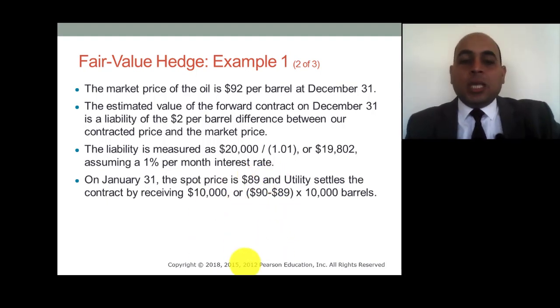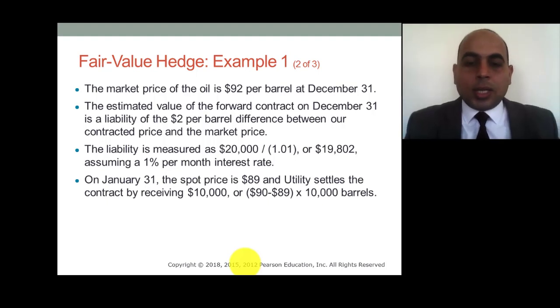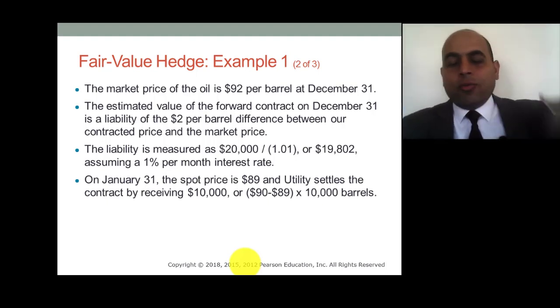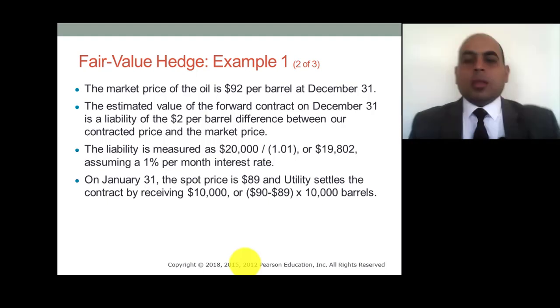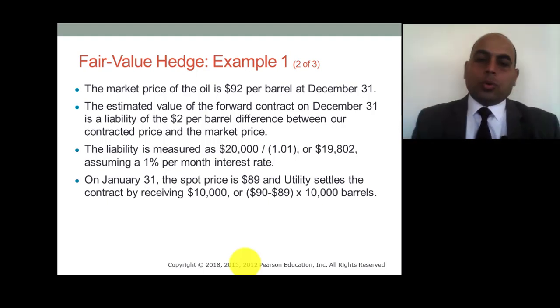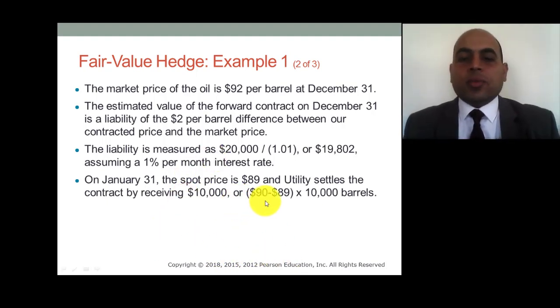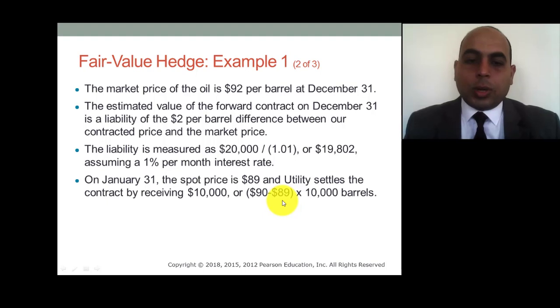So we will receive $10,000 as settlement, the difference between the 89 spot price on the settlement date and the $90 forward price.